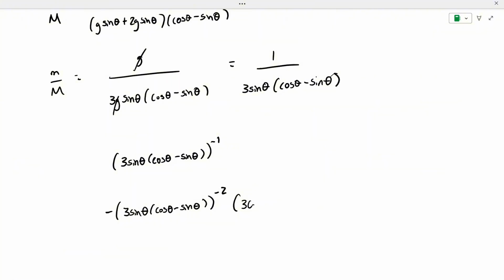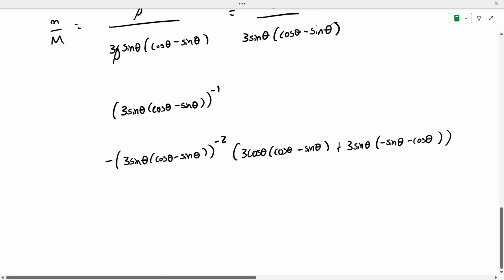So first differentiate this and then leave the parentheses alone. And then leave the first term alone, and then differentiate the parentheses. So the derivative of cosine is negative sine. Derivative of sine is cosine, and because of this negative sign it's going to be negative cosine. Okay, so then we have that, and I believe that should be it, hopefully.